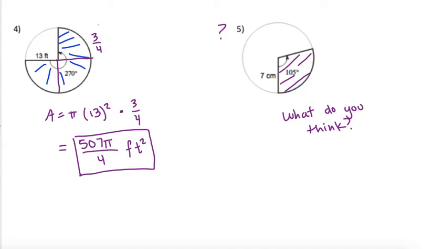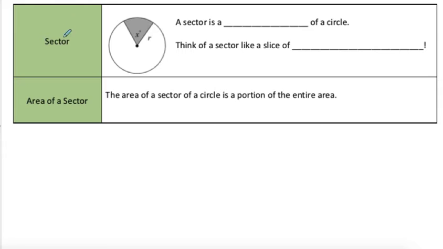All right, so that comes into our new definition of a sector. We can find some of them just using our prior knowledge of the area of a circle, but a sector is a part of a circle, or a portion of it. I always like to think of it as a slice of pizza, or if you're ready for dessert, a piece of pie.